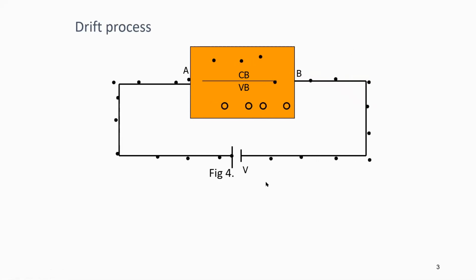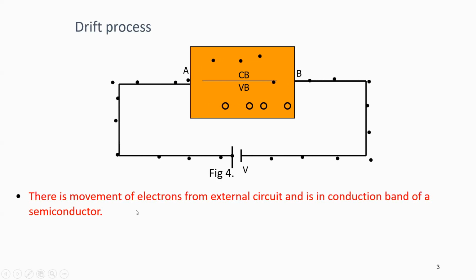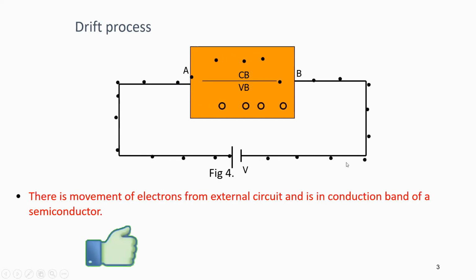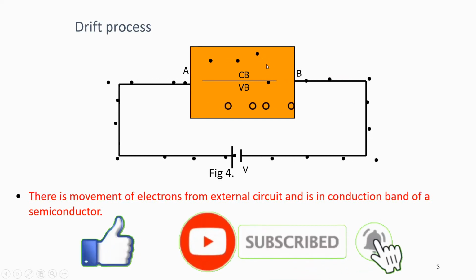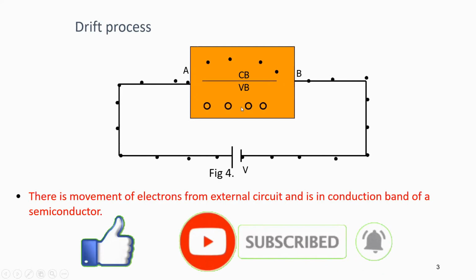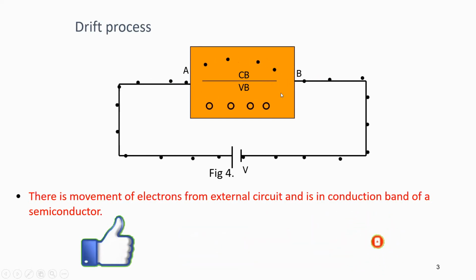So what is actually happening? There is a movement of electrons from the external circuit into the conduction band of a semiconductor. तो जो आप external circuit से using a battery कुछ इलेक्ट्रॉन्स प्रोवाइड कर रहे हैं, वो कहाँ जा रहे हैं? कंडक्शन बैंड सेमीकंडक्टर में. It is not like electrons are being generated in your semiconductor.